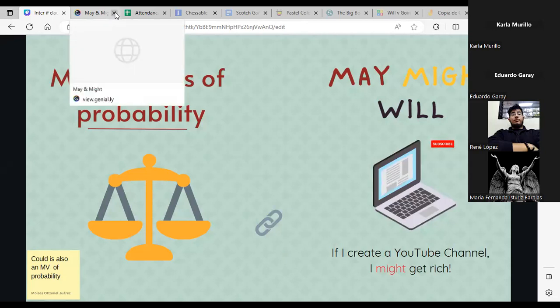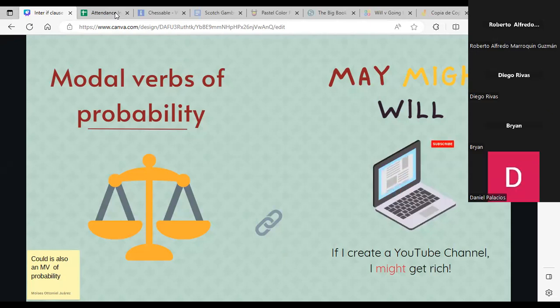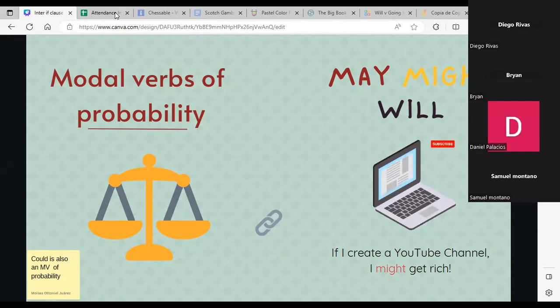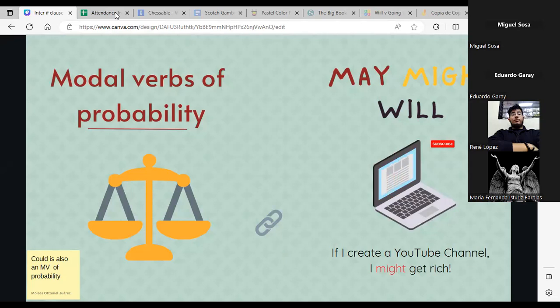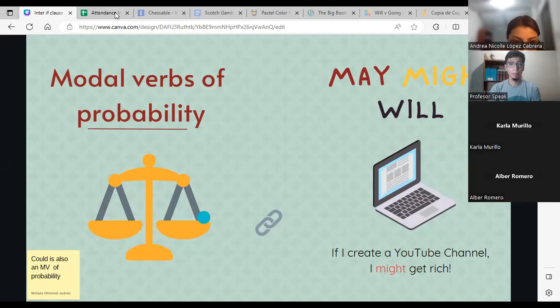I think that the regular verb is made to be the only verb of the sentence, for example, to describe an action, and the modal verb is like it modifies the sentence, I think. Modify the sentence? Perfect. Very good. Thank you, Carla.